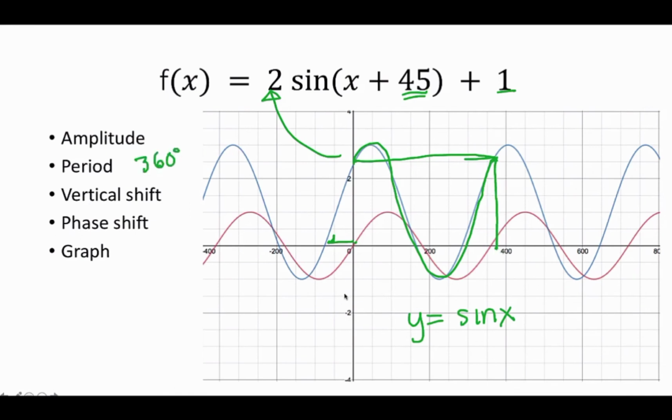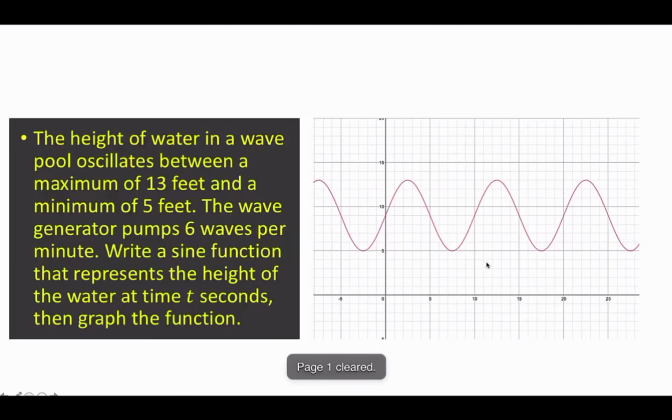The graph is translated a little bit up by 1 unit, and translated a little bit to the left by 45 degrees. And the graph is stretched vertically to have a height of 2 units compared to the graph of y equals sine x.